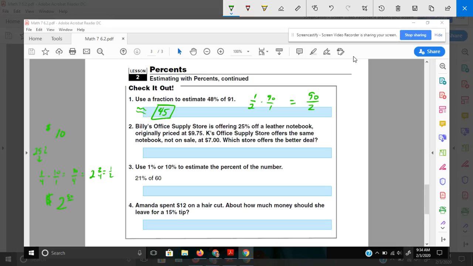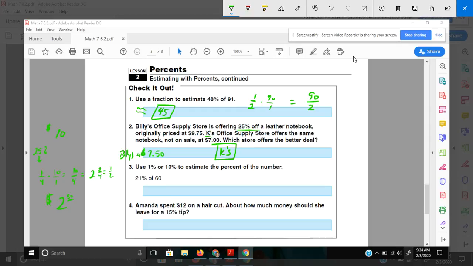Now, that's $2.50 off of 10, right? So if we subtracted 2, that would give us $8, and another 50 cents, that would give us $7.50 for the one at Billy's. Okay, and that's rounded. Kay's office supply store offers the same notebook not on sale for $7. So I'm going to say Kay's is the better deal.